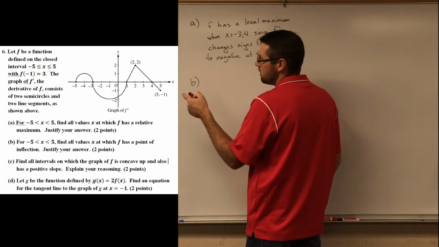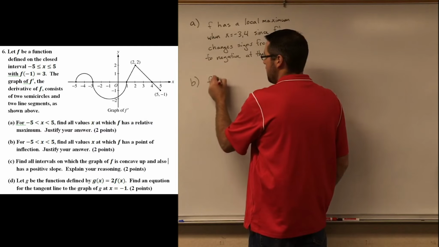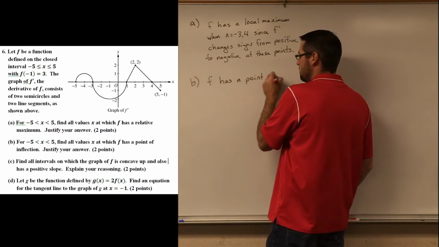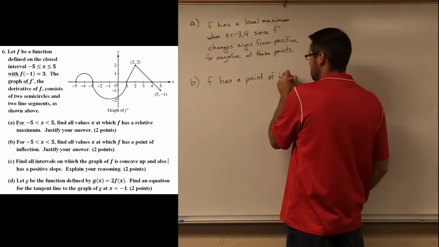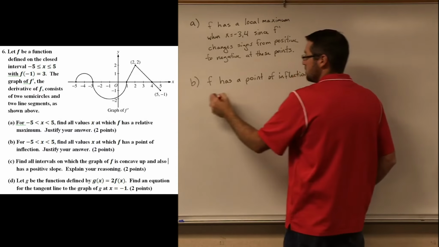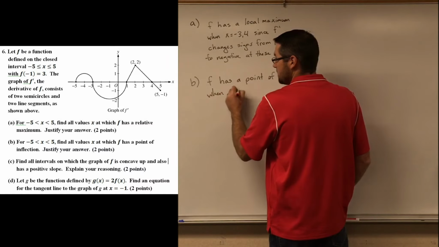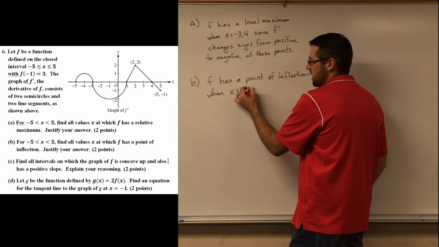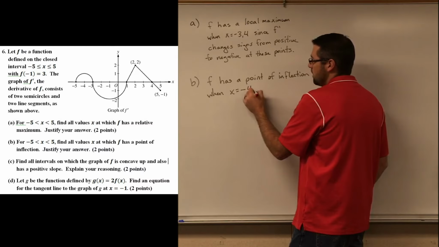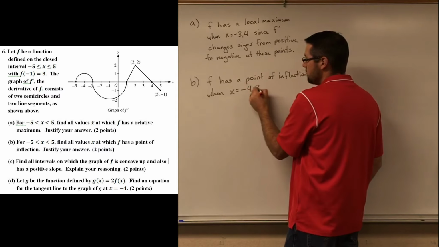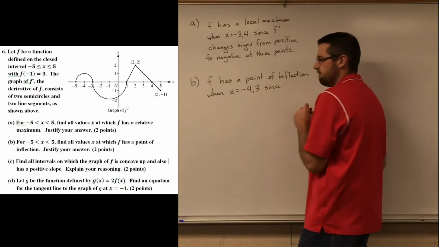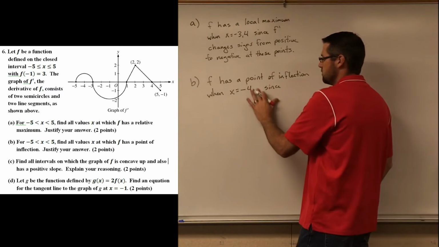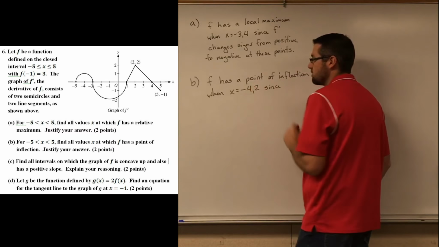-4, -1, and 2. So we'll say f has a point of inflection when x equals, I'm going to separate the justifications here. So when x equals -4 and 3, since what? Oh, 2, yes, thank you. I'm looking at it at an angle, so it looked like the high point.